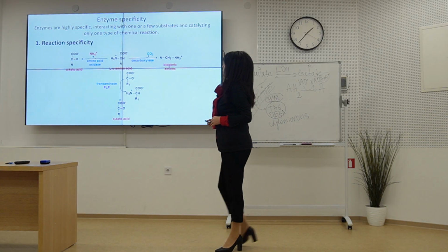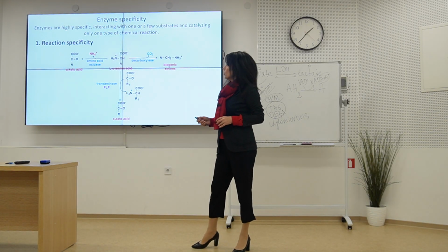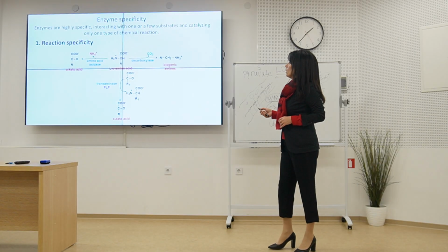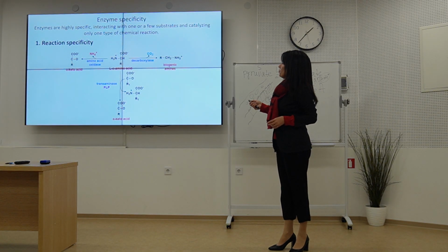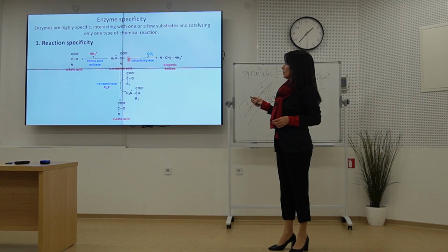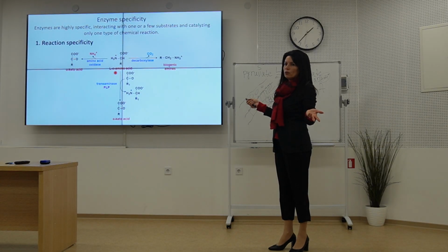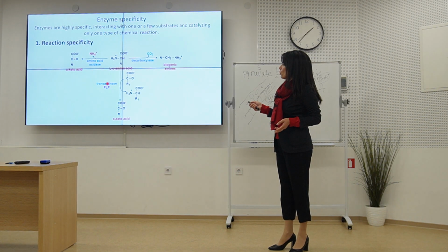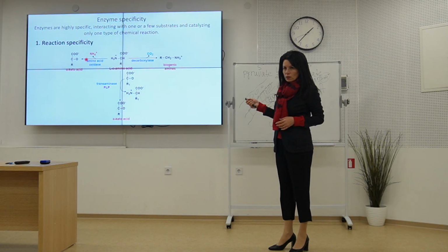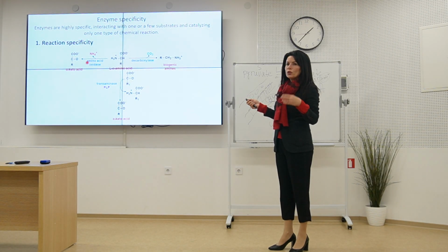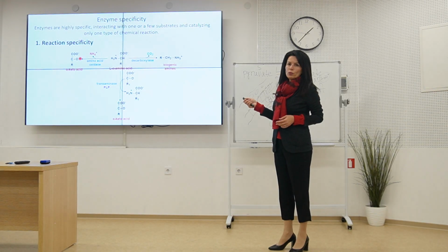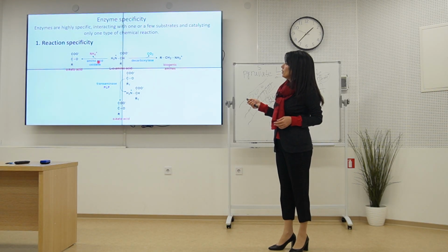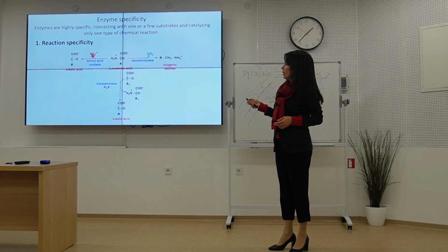There are two enzyme specificities, students. The first is reaction specificity. You can see this example. If we have the same substrate, which is any alpha amino acid, with three different enzymes, because they are used to break different bonds, or they are typical for different reactions, different products will be produced. For example, amino acid oxidases are used for deamination and formation of alpha-keto acids.